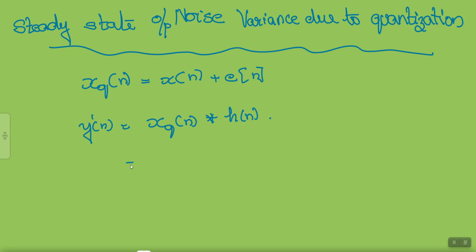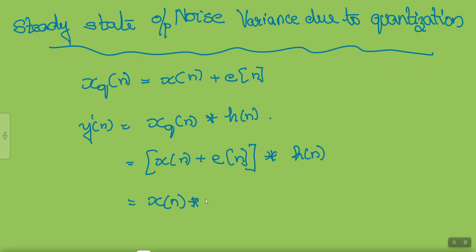So this can be represented as x of n plus e of n convolved with h of n. So this is equal to x of n convolved with h of n plus the error signal convolved with h of n. This is equal to y of n plus some epsilon of n.